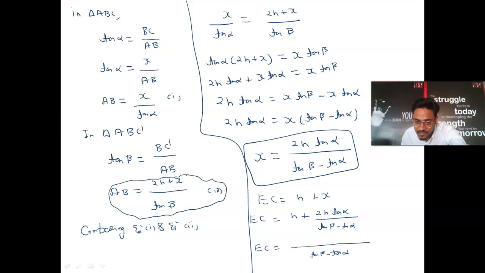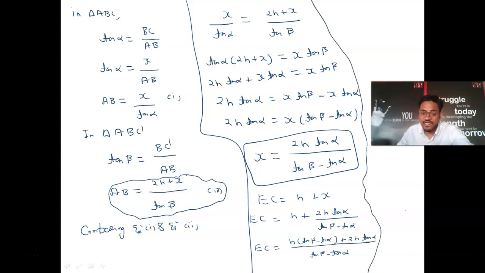So here h will multiply with this tan beta minus tan alpha, and plus it is 2h tan alpha. See, we were calculating EC, the required height of the cloud above the lake. It is going to be h tan beta minus h tan alpha plus 2h tan alpha.